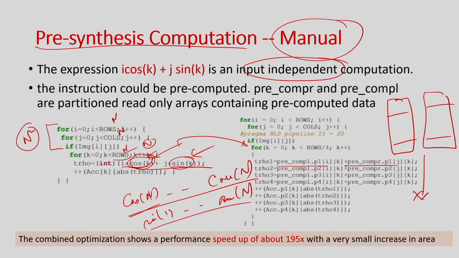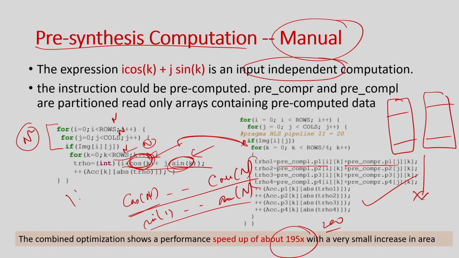Just by doing this, instead of calculating sine and cos in the hardware, I know what sine 1 is, what sine 2 is, I just pre-compute them and store those values in the hardware, and I split the array 4 ways to improve the performance. And I have seen that I get a 195x faster code, right. So, if this takes 195 times, or say kind of 200 times.